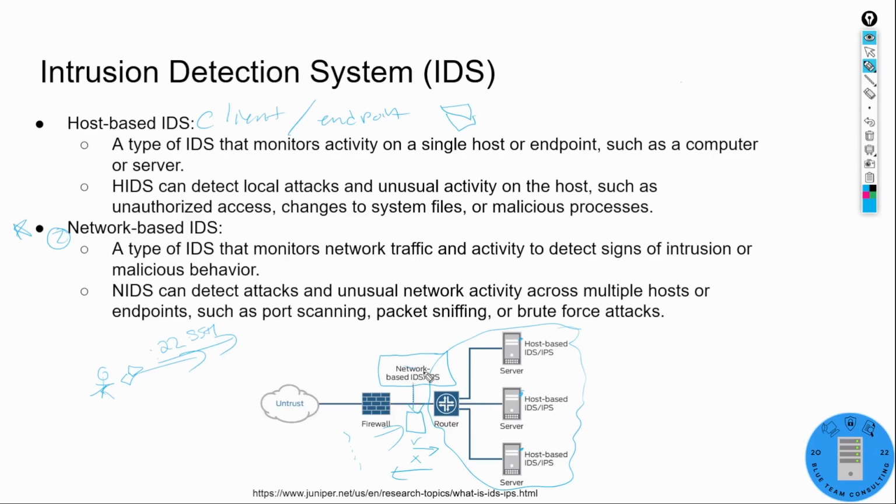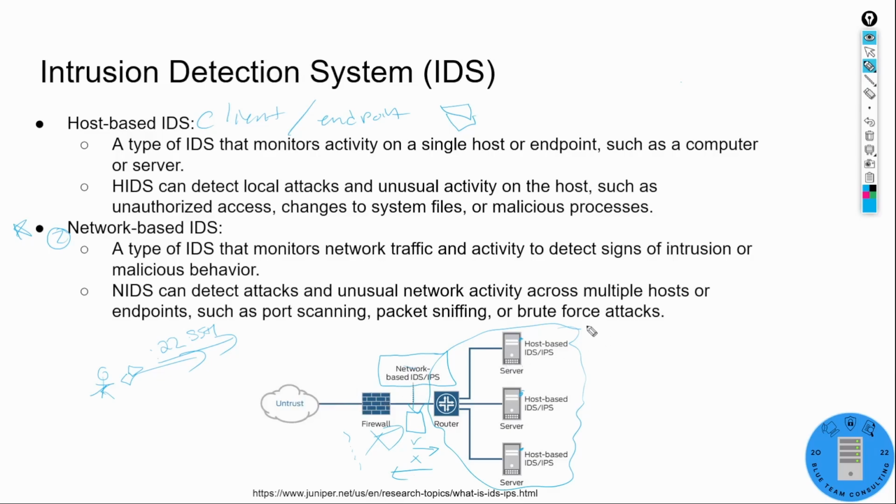They will try and remote in to that host if it's found to be vulnerable or open or listening as a socket on one of your endpoints, and if you had a network-based IDS, it would drop that request. If it's not tracking an SSH connection going out from one of the endpoints in your environment, which the router will keep track of, it will drop it. So it's a way to add security to your network.